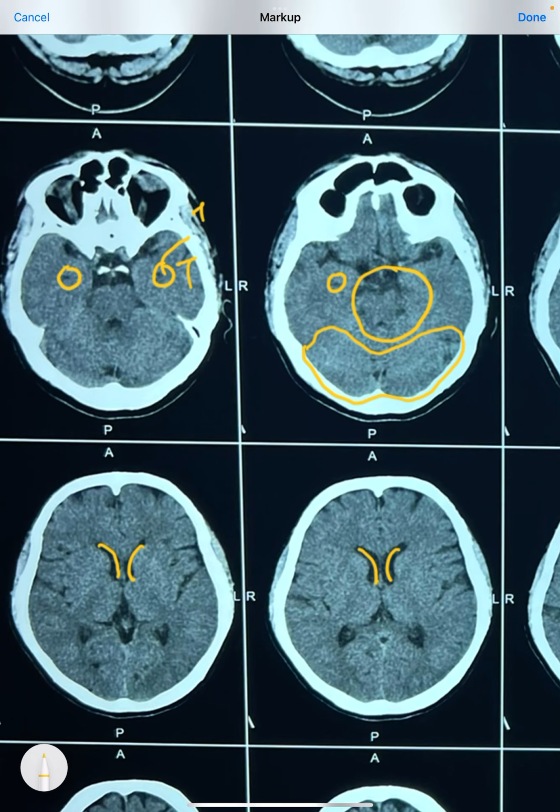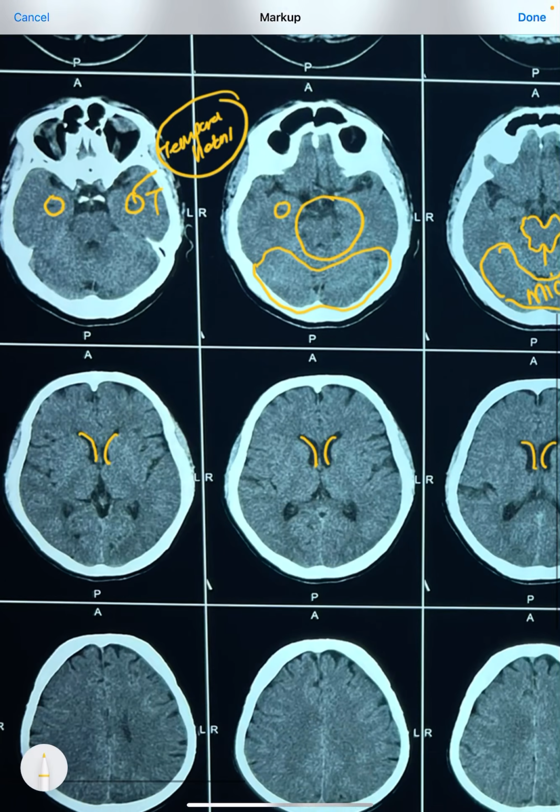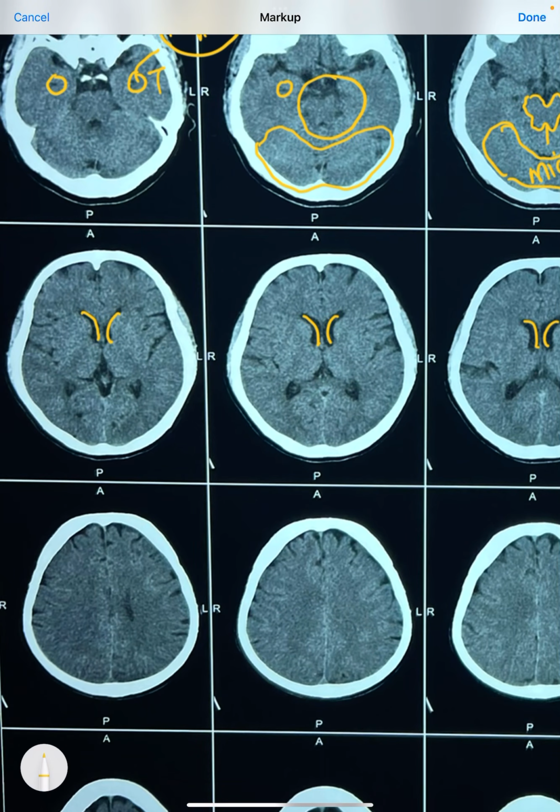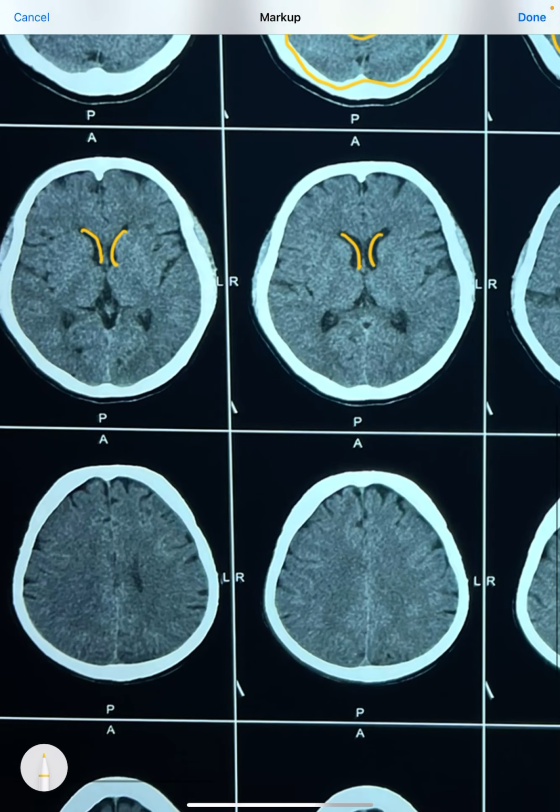So these are called temporal horns, as this is simply continuation of this CSF containing bags, and these are called occipital horns because these are present in the occipital cortex.